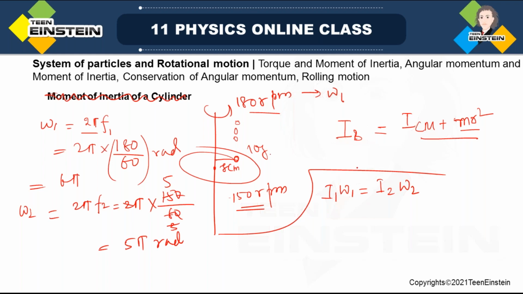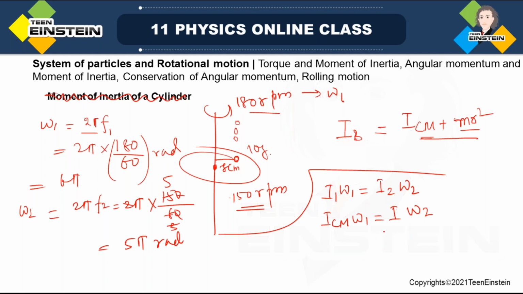Suppose in the beginning, when the wax was not pasted on the disk, it was rotating about the center of mass, and I take that as I_CM. I can write I_CM times omega 1 is equal to I, the total moment of inertia now, times omega 2. Total moment of inertia means the moment of inertia about the center of mass plus m r square, the mass times the square of the distance between the particle and the axis of rotation.